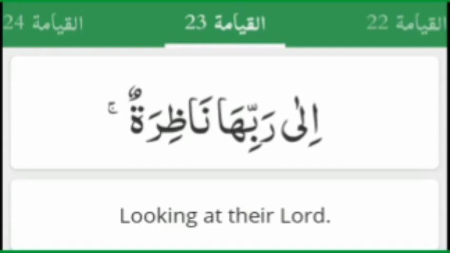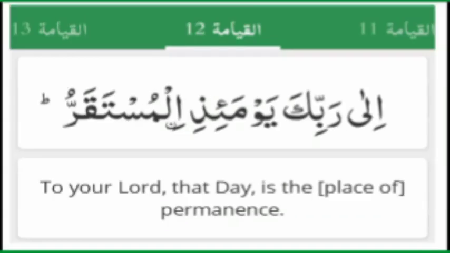So looking at or looking towards, it means the same. إلى ربك يومئذ المستقر.